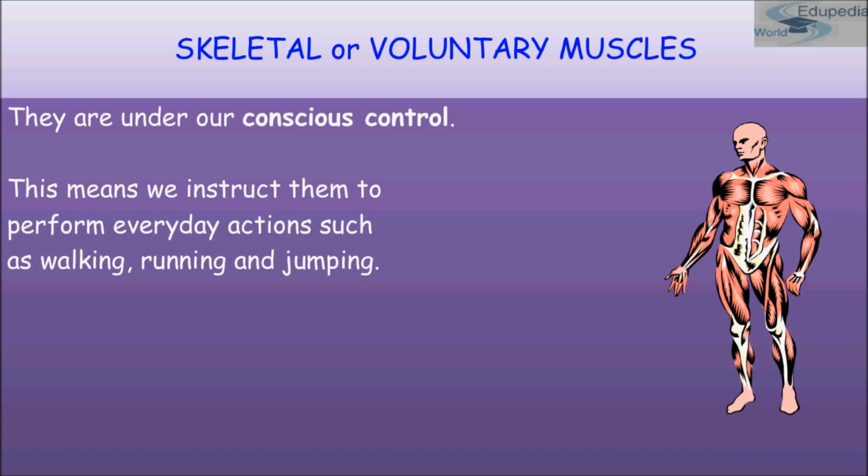They have a striped appearance under the microscope, and hence they are called striated muscles. They are under voluntary control of the nervous system and are primarily involved in locomotory actions and changes of the body posture.